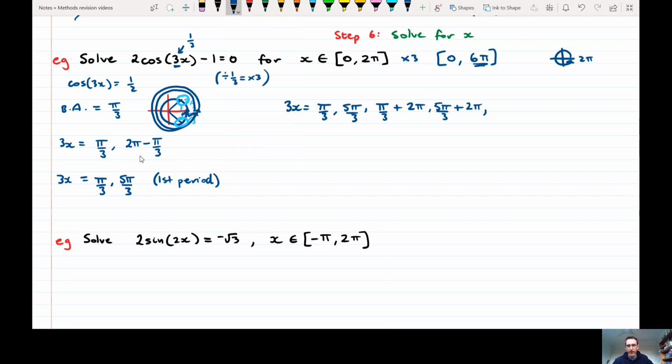So I have to finish off by adding 2 lots of 2 pi. I've gone around twice. So you got plus 4 pi, and I have 5 pi on 3 plus 2 lots of 2 pi there.